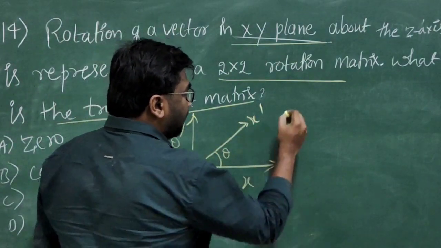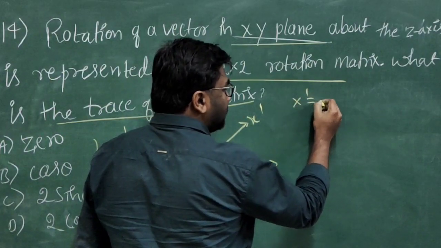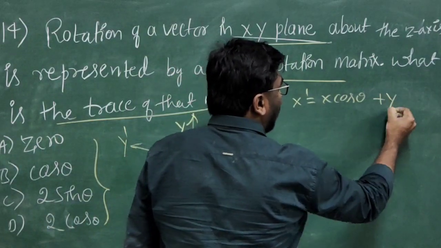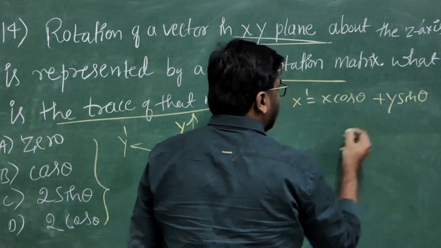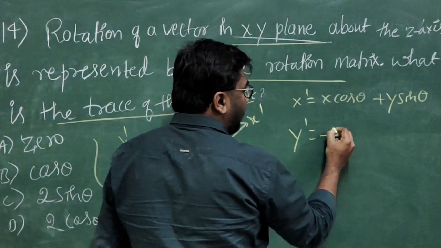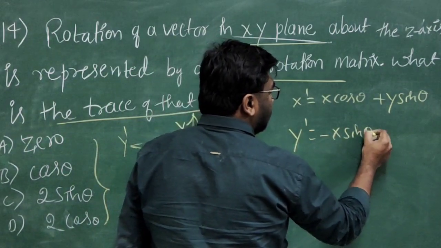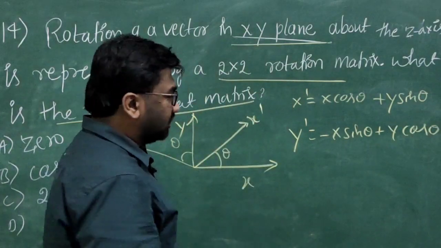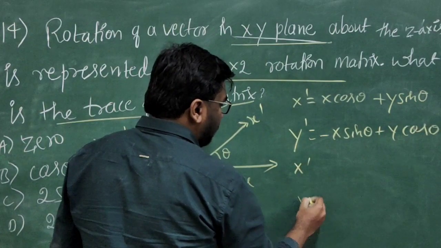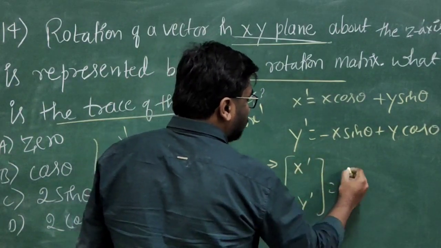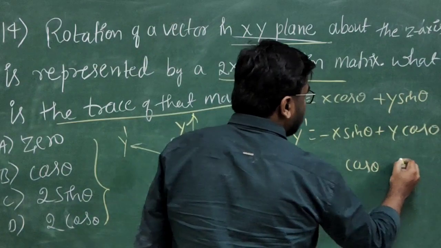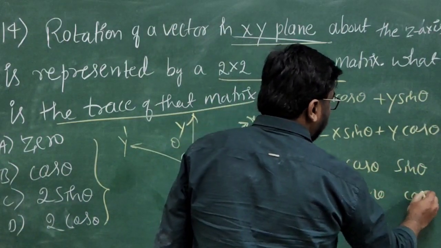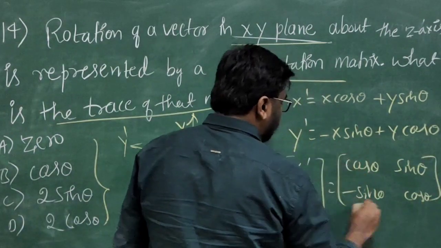So the new coordinate x prime is equal to x cos theta plus y sin theta, and y prime is equal to minus x sin theta plus y cos theta. If we construct this, x prime, y prime is equal to [cos theta, sin theta; minus sin theta, cos theta] into x, y.